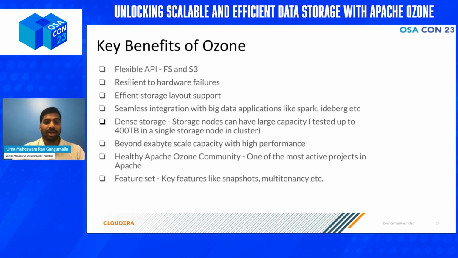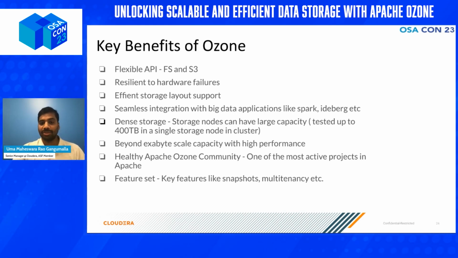And an efficient storage layout, as I said, like EC and all. Seamless integration with many big data applications like Spark and Iceberg, etc. And the dense storage, as I explained, and scaling capacity beyond limits because of the split of the namespace.